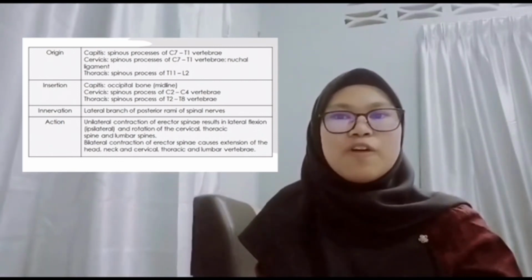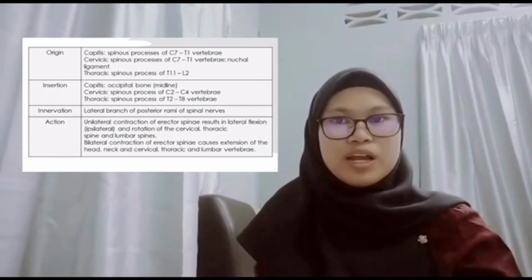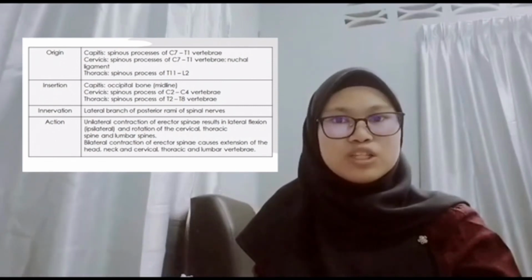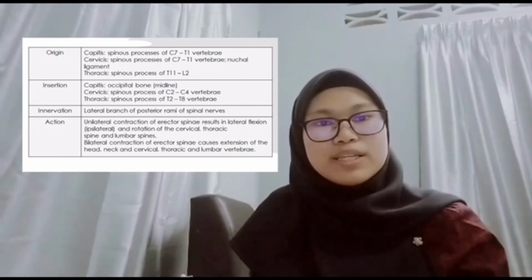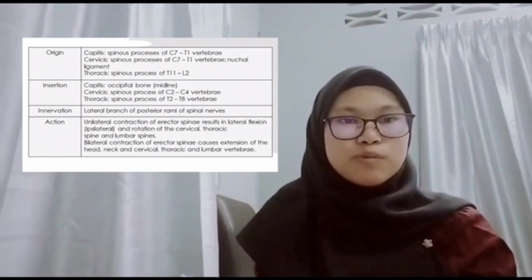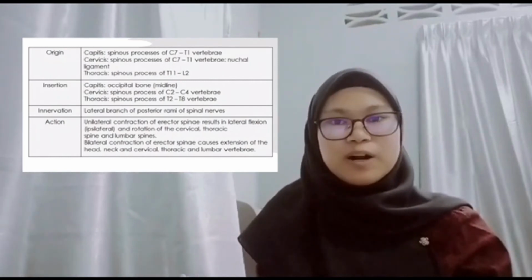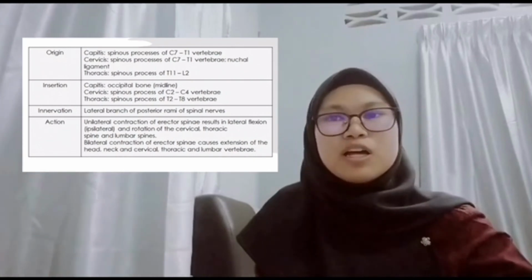The insertion of the capitis is at the midline of the occipital bone, the cervicis at the spinous processes of cervical 2 until cervical 4 vertebra, while the thoracis is at the spinous processes of thoracic 2 until thoracic 8 vertebra. The innervation is the lateral branches of the posterior rami of spinal nerves.